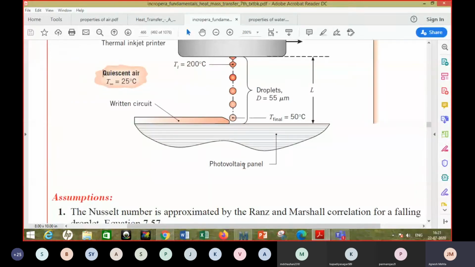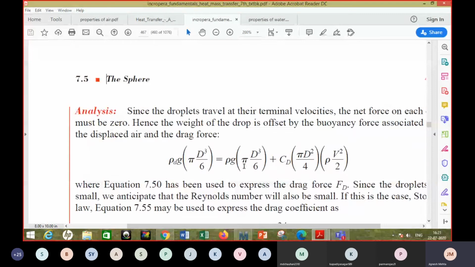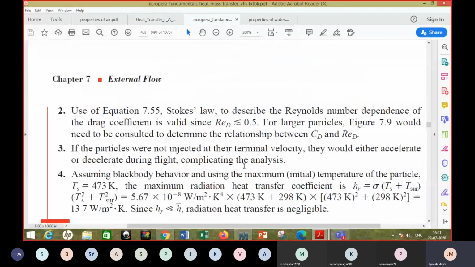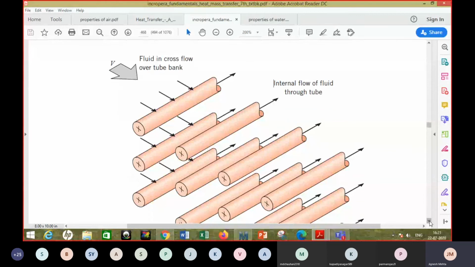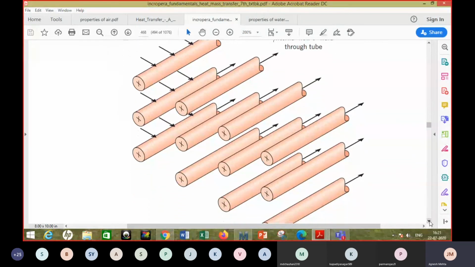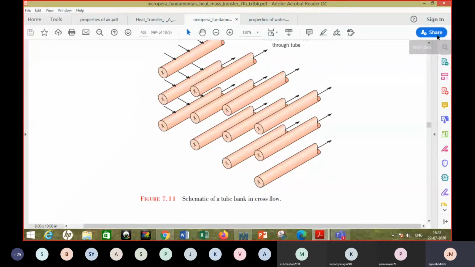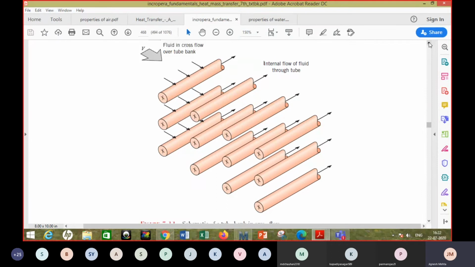So even in that, there is a shell and there are multiple tubes, and one of the fluids involved in heat transfer passes through the tubes. You can see multiple tubes here, and let's say water is passing through all the tubes. It's pumped through these tubes, and you have let's say another fluid which is passing over these tubes, right?